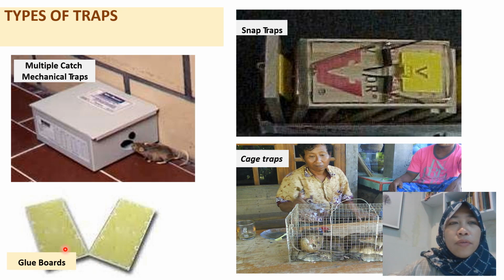These are the kinds of traps: snap traps we can use in the house. Multiple catch traps we can use maybe in a hotel, a restaurant, or a supermarket. Glue board could be used in a house, but it's not applicable in the field. And this kick trap is applicable; we can use it in the field.